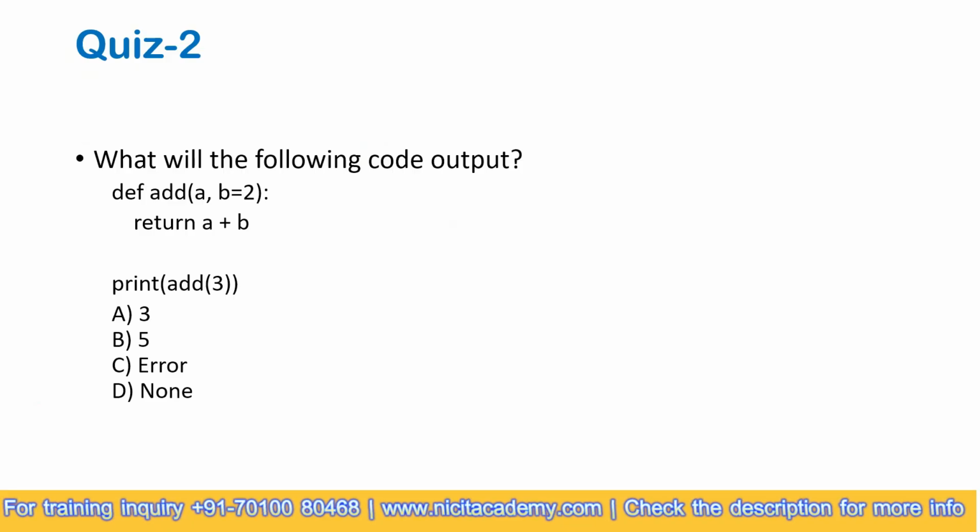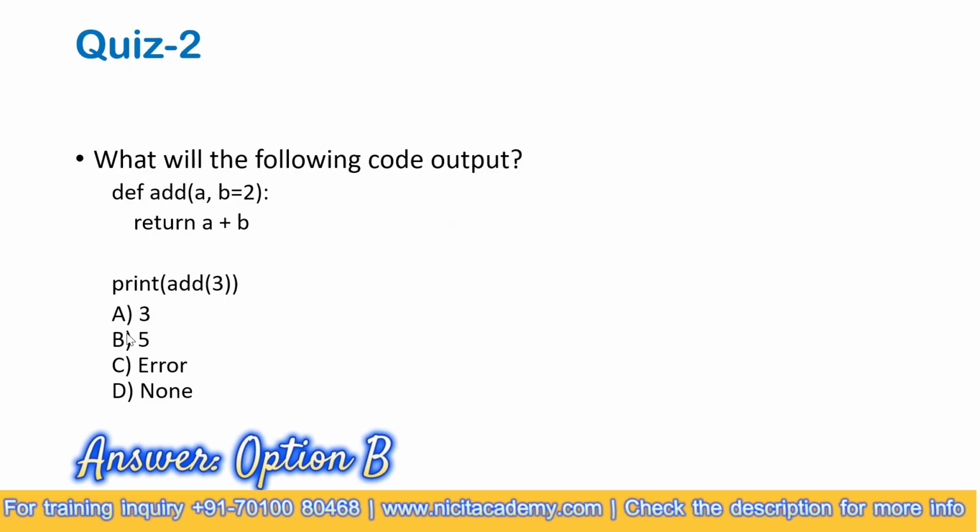So as you can see here, we have a function add where you have a parameter a, then you have another parameter b equals to 2, and then you're returning a plus b. And while calling the function, they are passing 3. So this means this 3 will be assigned to a parameter a. So here the output will be 5, 3 plus 2, 5 because b has a default value. So the correct answer is B.